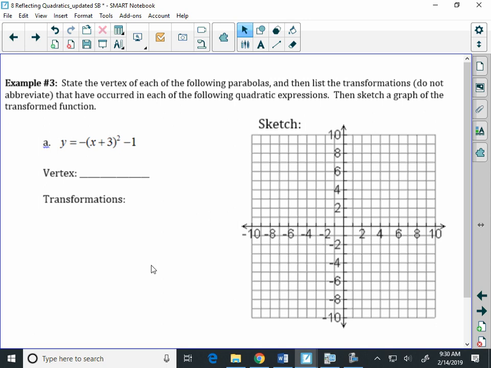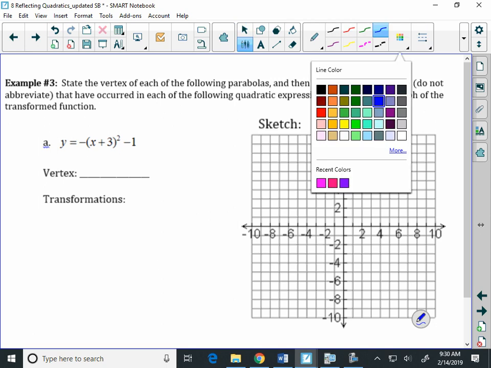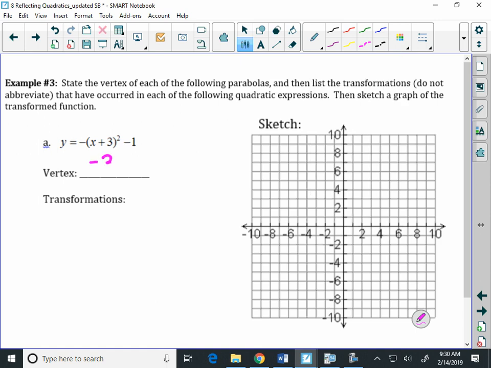Well, the first thing that it asks us is, what's the vertex? Like usual, we're going to change the sign on the number in the parentheses, and we're going to keep the sign on the one outside. What that means is that we're going to go left 3 and down 1.